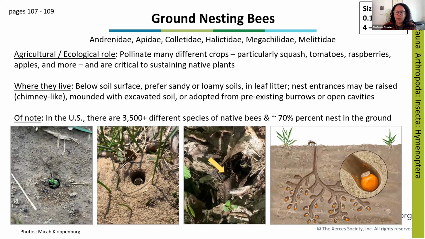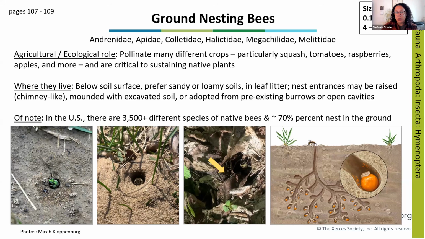In the US itself, we have more than 3,500 different species of bees. That is a lot, particularly when one non-native species like honeybees does tend to get a lot of the attention. And so, yes, we have a vast diversity of native bees here.